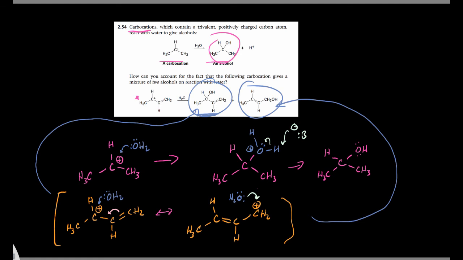So both of these products come about because of addition of water to both of these carbons, each of which is a sort of half of a carbocation in the resonance hybrid. We can draw the two resonance structures indicating that there's a full positive charge on each of these, but since two resonance structures are contributing, the real molecule has half of a charge, so we can draw this resonance picture here where we have our methyl there.